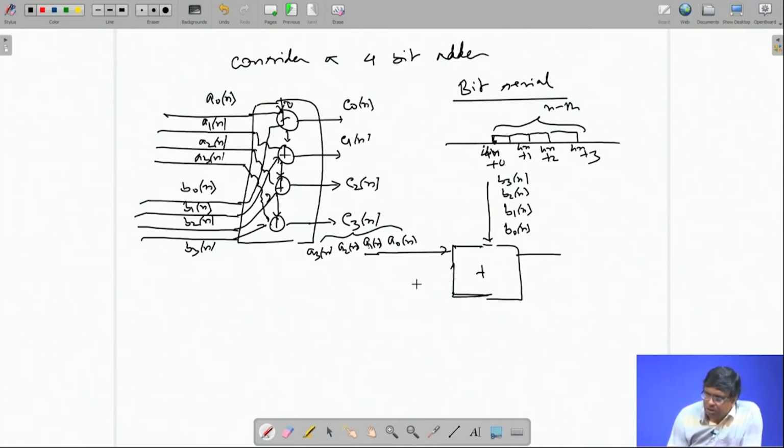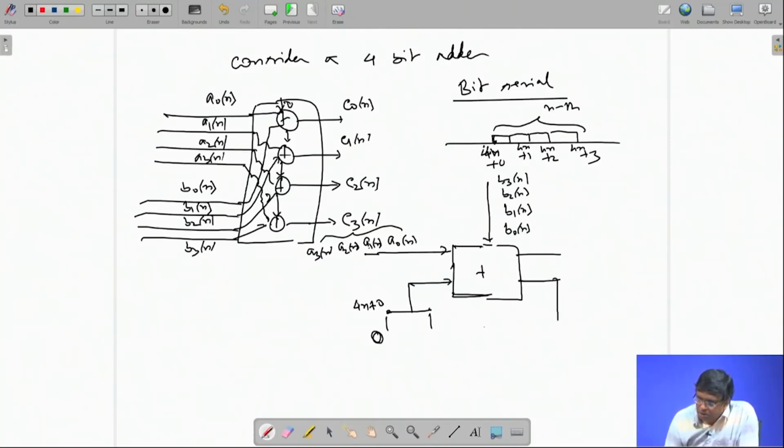So, initial carry is 0, this is the carry input line. Carry initially is 0. So, there is a switch. Okay. The switch is not a FET or MOSFET switch, it is done by a mux. This switch will move to here, and when I am adding A0 with B0, that time initial carry is 0. What cycle is it? 4n plus 0. So, at 4n plus 0 for every n, the switch will connect here, and here I have got a binary 0, 0 volt stored.